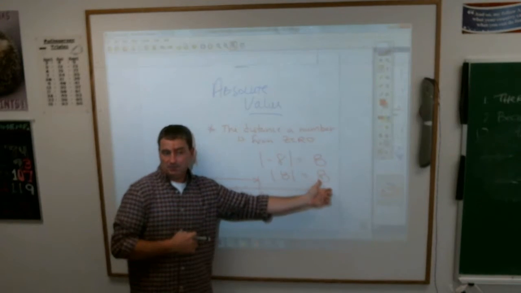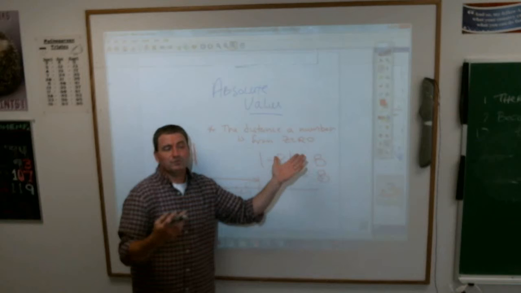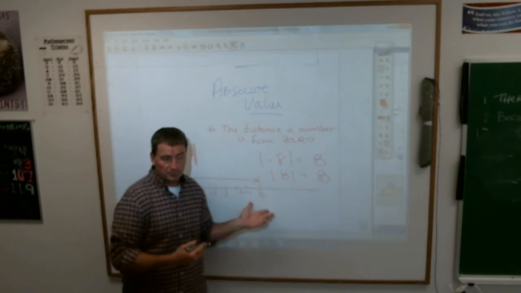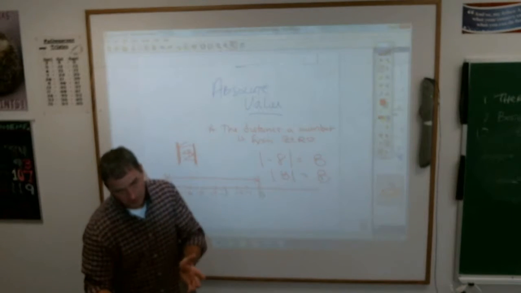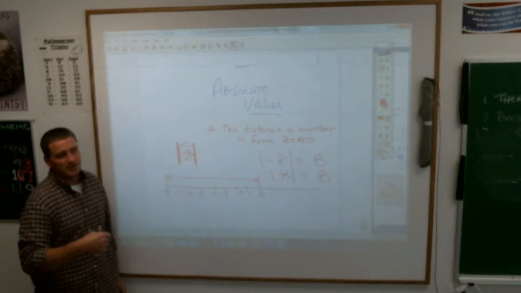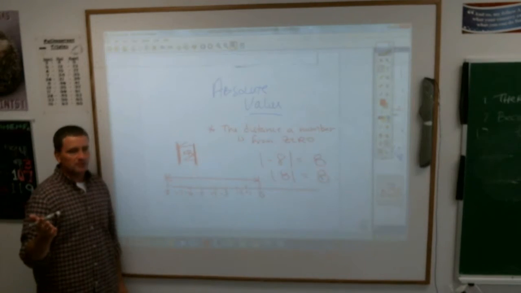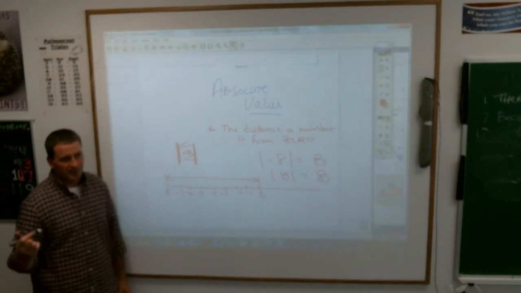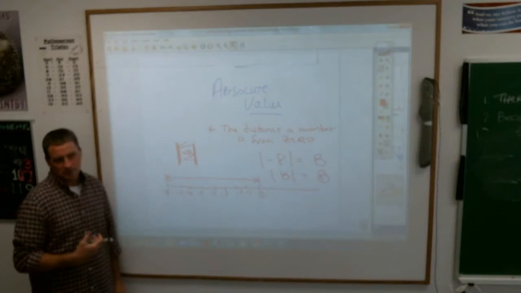It just stays 8. So the absolute value of 15 is 15. The absolute value of -15 is +15, because distance can never be negative. You can never walk a -1 mile. Distance is always positive. Even if you're walking backwards, you're walking a positive distance.